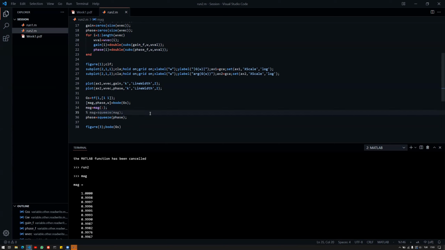Now the question was on the usage of squeeze. Why do we use it, or what does it really do? As I've tried to explain, the bode function also works on MIMO transfer function matrices, so multiple inputs and multiple outputs. This means that we will have several channels. I can be interested in the behavior between the first input and, let's say, the second output. Therefore, the mag and phase variables here might have an extra dimension that helps me choose the right input channel and output channel.